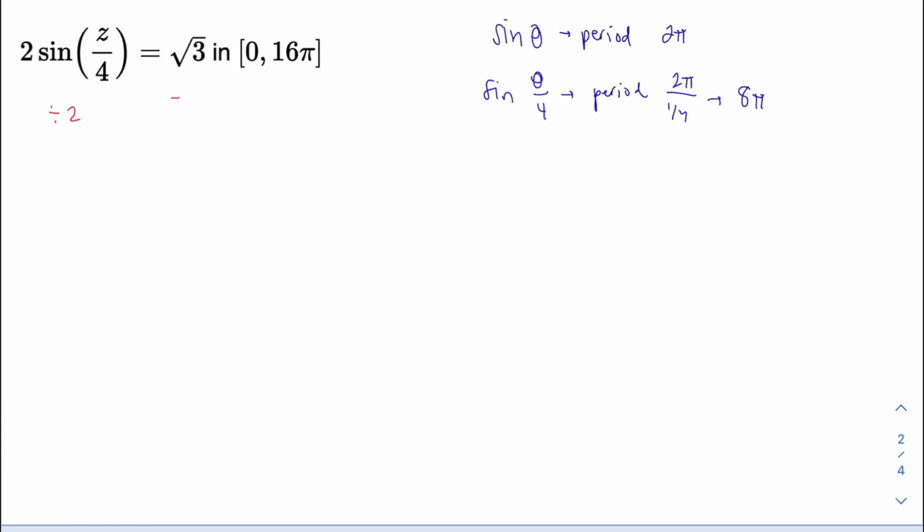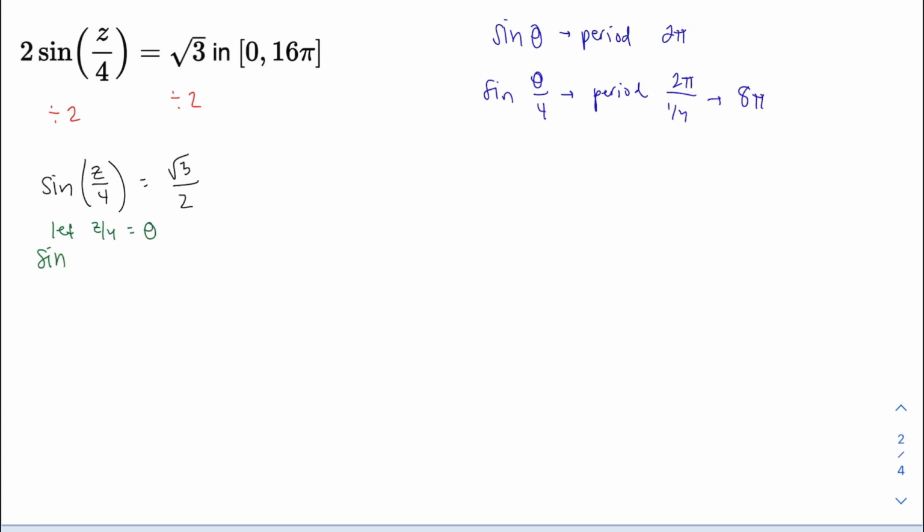The first thing you need to do is isolate the trig expression. So I have sine of z over 4 equals radical 3 divided by 2. And this is what I was talking about earlier, that you may want to substitute a variable in, because really all we're doing here is we're going to say let z over 4 equal theta.